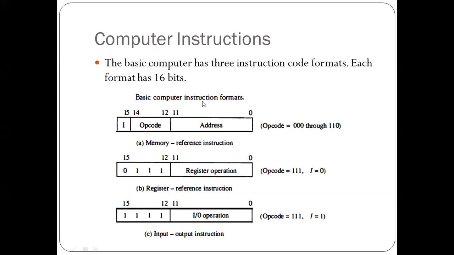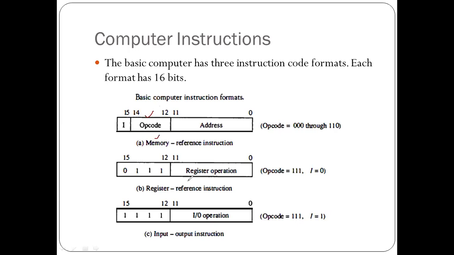If you are referring to a memory, then out of the 16 bits, the least significant 12 bits are for the address, and the most significant bit specifies whether this address is a direct or indirect address. The remaining 3 bits are used for specifying the operation, which we call the operation code. This is what is called memory reference.